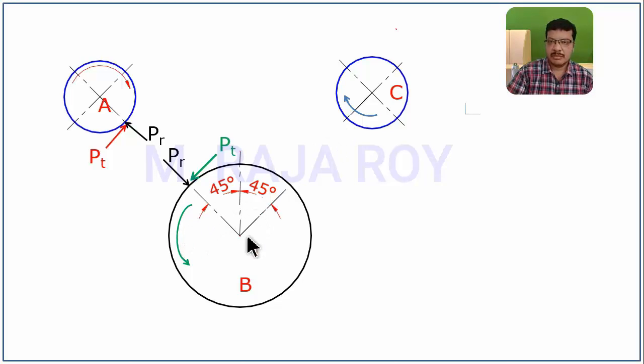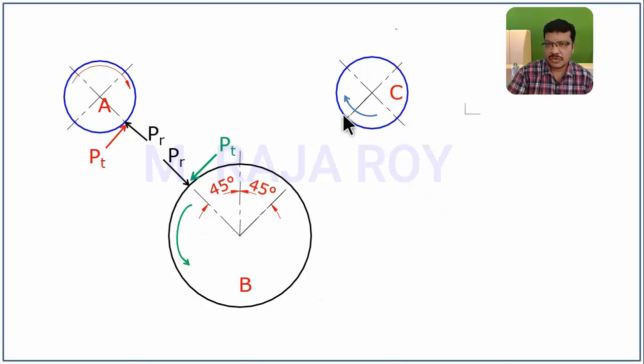Next, if you take B and C, this B is now driving gear for gear wheel C, this is the driven gear. So that's why as it is rotating in the counterclockwise direction like this, the tangential component of its gear teeth force will be in the upward direction, in this direction, that is transferred to gear wheel C like this.